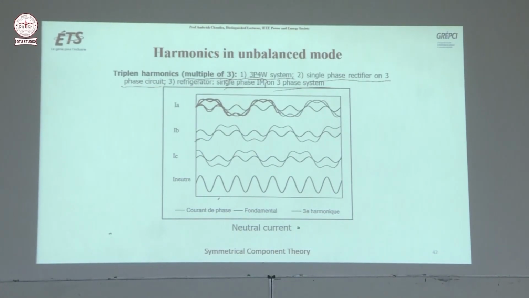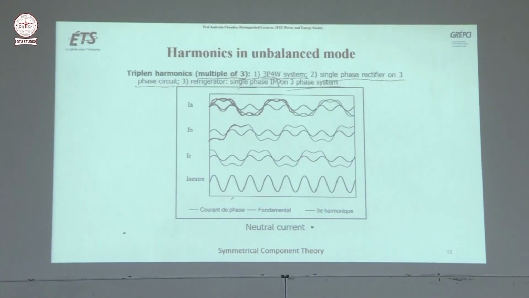So this is phase B now. Here again you will see the fundamental, and then you will see the third harmonic. Now for IC, the phase C current, similarly you can find the third harmonic.